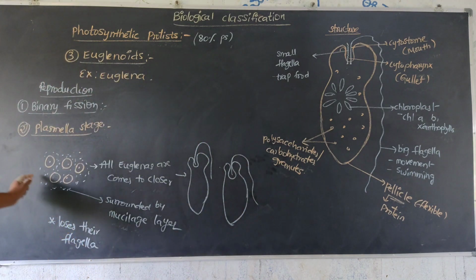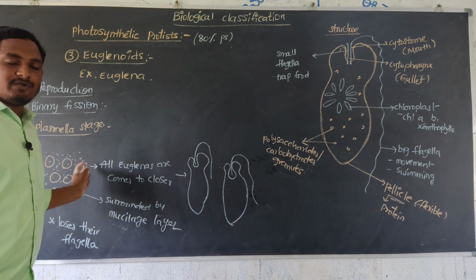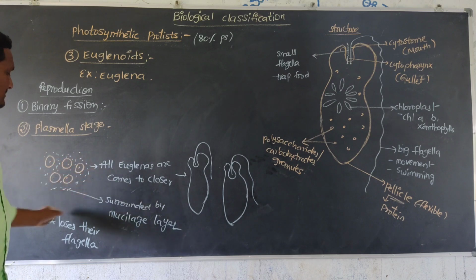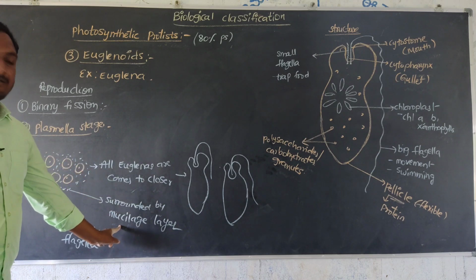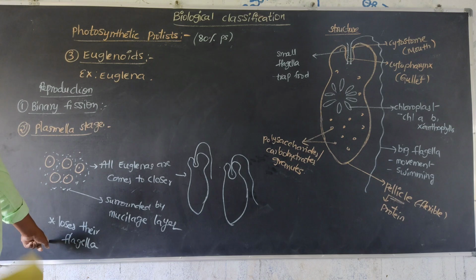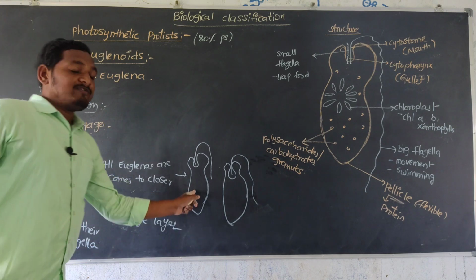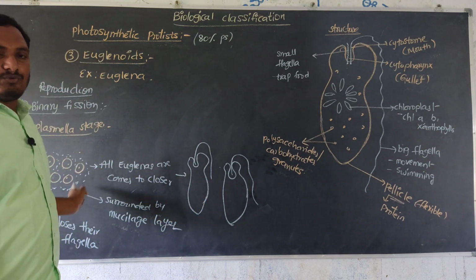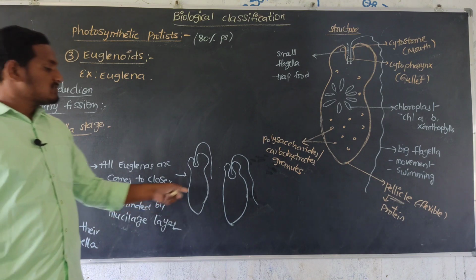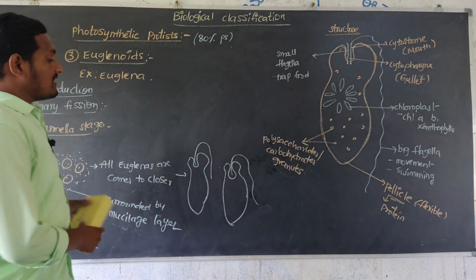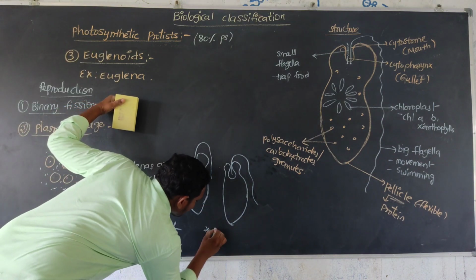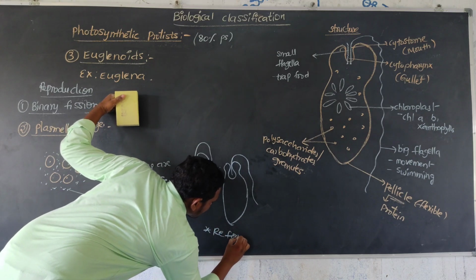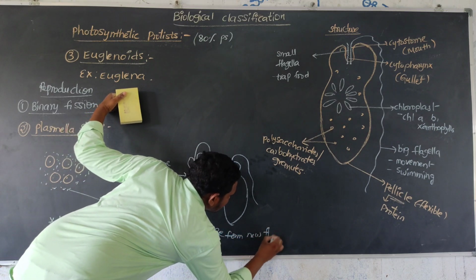So in unfavorable conditions, all euglenoids come into closure surrounded by a mucilage layer. That is the first stage, and they lose their flagella. And in favorable conditions, each euglenoid changes into a single Euglena and reforms a new flagellum.